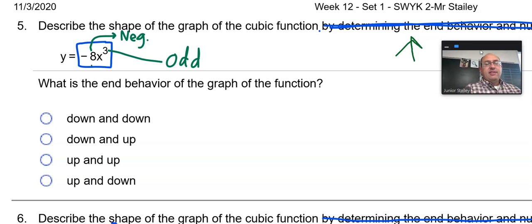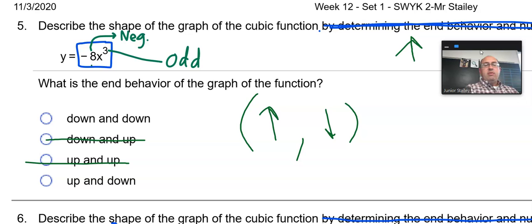The -8 tells me that the right end behavior is down. The odd degree tells me the left is opposite of the right. So we knew the right end behavior could not be up. And because we have the odd degree, we knew it had to be up on the left, down on the right.